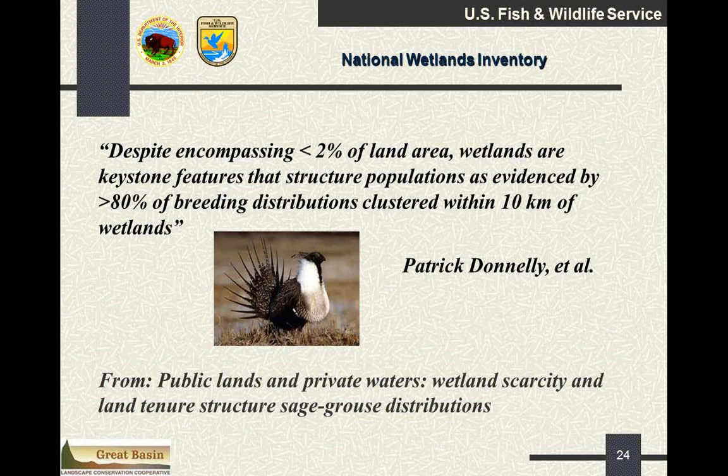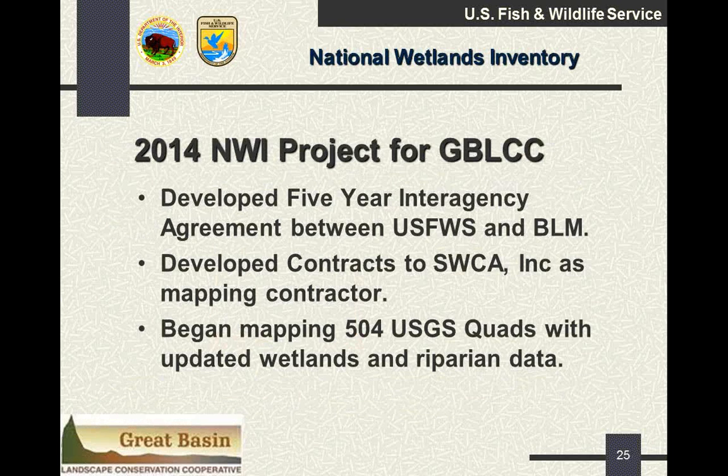In 2014, Todd and Ted and other people started talking about it, and we developed a 5-year interagency agreement with the BLM to start this process. We'd actually had an interagency agreement with California for work we were doing on the Desert Renewable Energy Conservation Plan down there, so we just tagged onto that agreement to continue this.